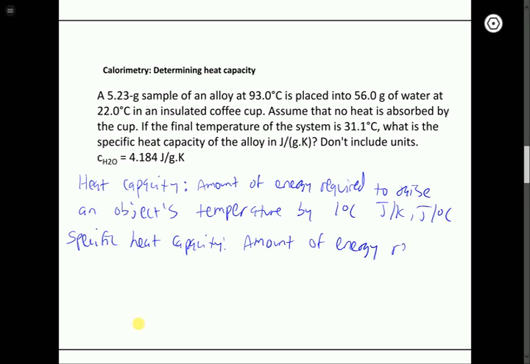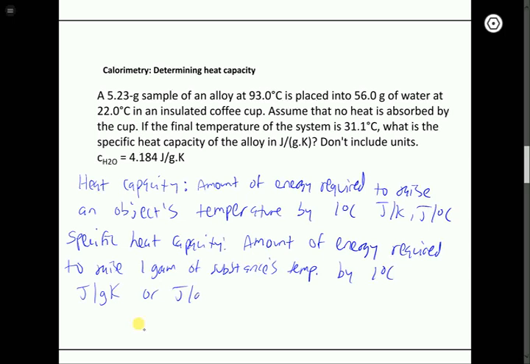So specific heat capacity is the amount of energy required to raise one gram of substance by 1 degree Celsius, which means the units for specific heat capacity are joules per gram Kelvin or joules per gram degree Celsius.